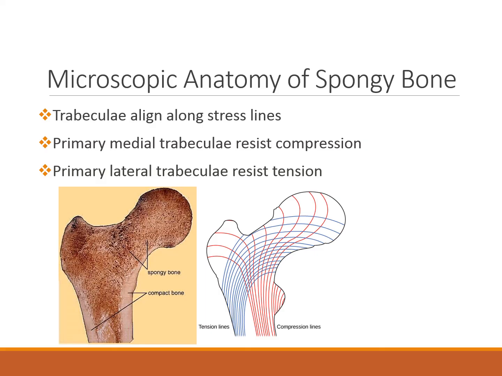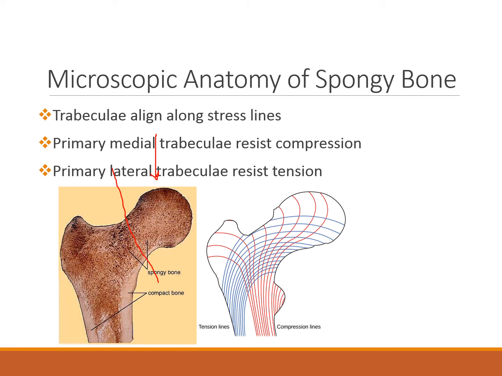Just a note about trabeculae in spongy bone. Typically, trabeculae align along the stress lines that are put onto a bone. So wherever the stresses are coming from, that's how they will arrange themselves. If you imagine that a pelvic bone is right here, that means that there is stress being put on the head of the femur.